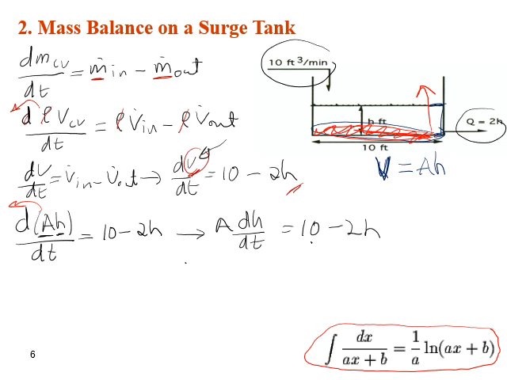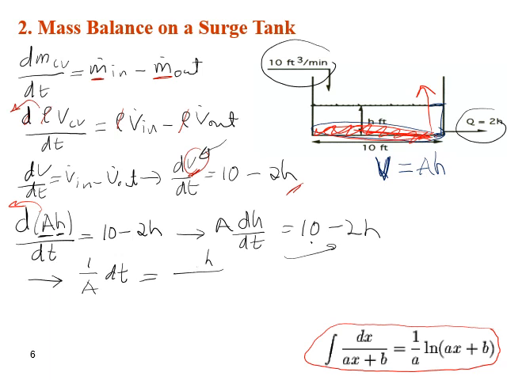So I can do the following from here. I can say 1 over A dt, because I will take this dt out there, is equal to dh. Let me erase it, it's not clear.